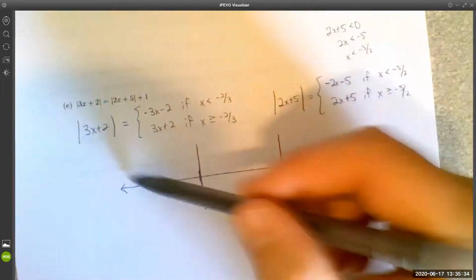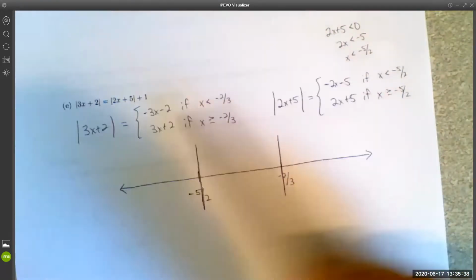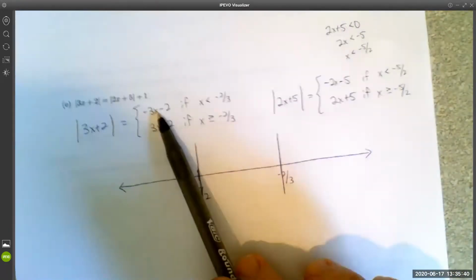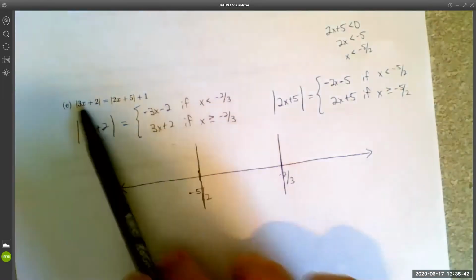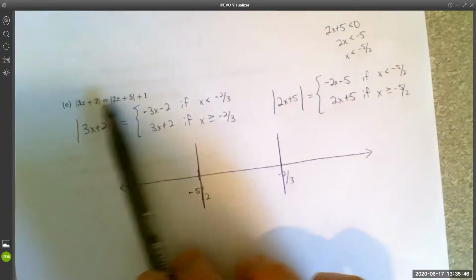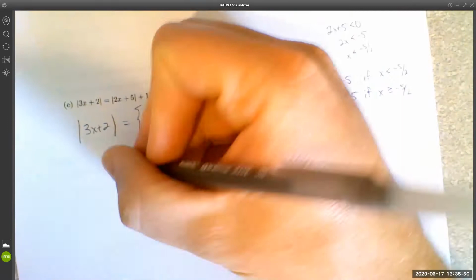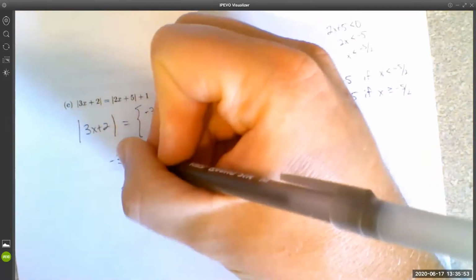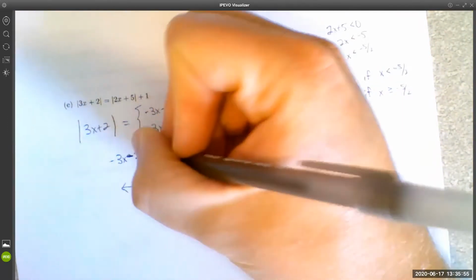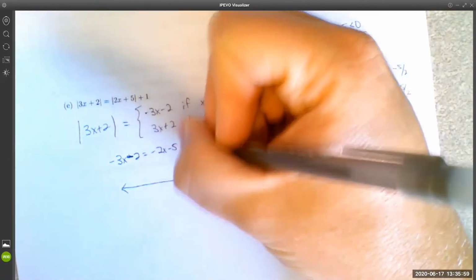If I'm in this region over here, then I'm going to use the top rule for both of my pieces. So this equation is going to become negative 3x minus 2 equals negative 2x minus 5 plus 1.